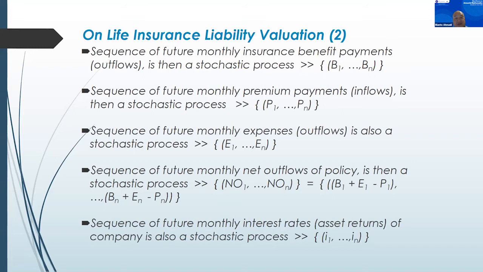You can make it annually, or you can make it monthly. But basically, if we make the timeline a discrete thing with, say, n elements in the future, then the sequence of those insurance benefit payments, say monthly or annually, is basically a stochastic process, right?